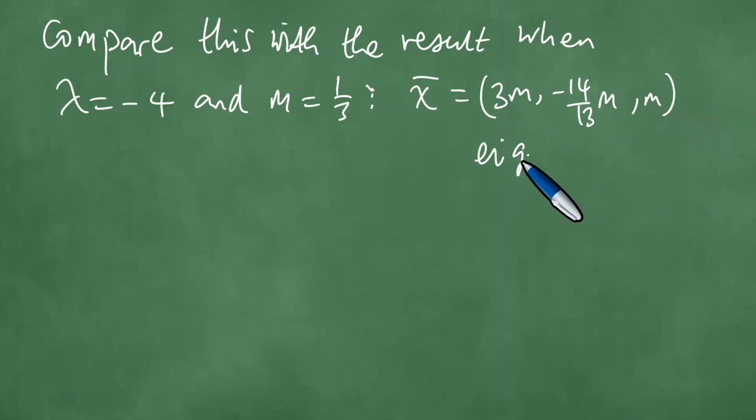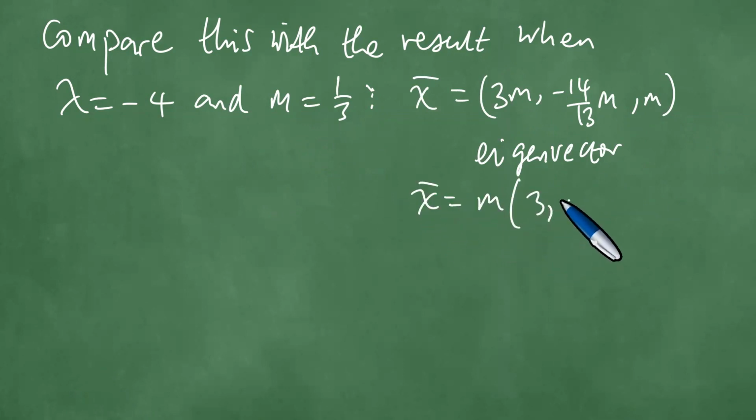So this becomes the eigenvector, and one can factor out and choose this. When m is 1/3, you can choose m to be 1/3 because it's arbitrary, etc.